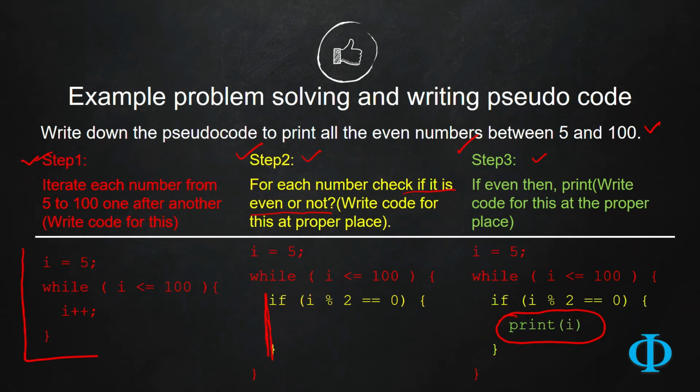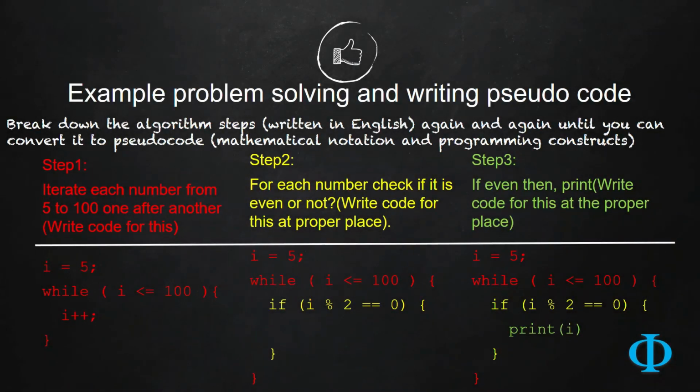So the basic mantra is, whenever you get a problem, break down the algorithmic steps, write it down in English, and break it down as detailed as possible, so long as you are not comfortable writing the equivalent pseudocode for that.